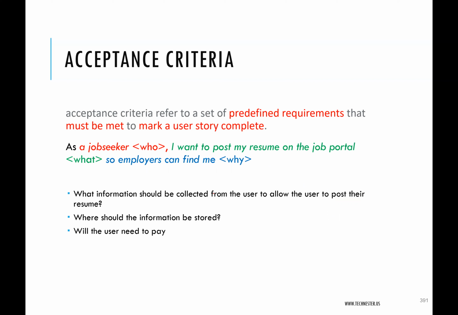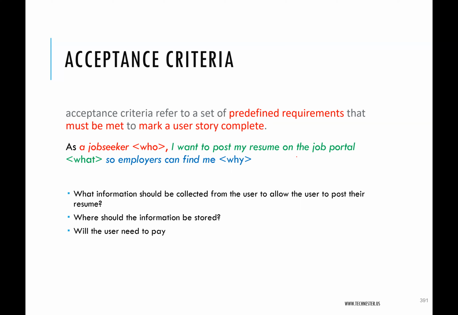Acceptance criteria refer to a set of predefined requirements. Look at this example: as a job seeker, I want to post my resume in a job portal so employers can find me. The acceptance criteria should answer certain questions. For example, what information should be collected from the user to allow them to post their resume?